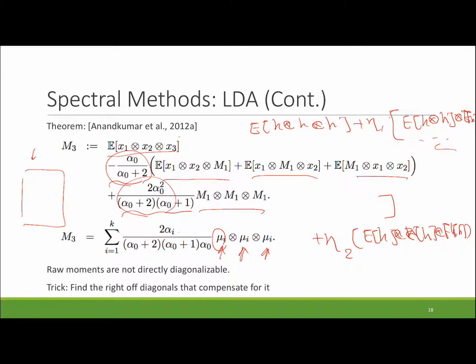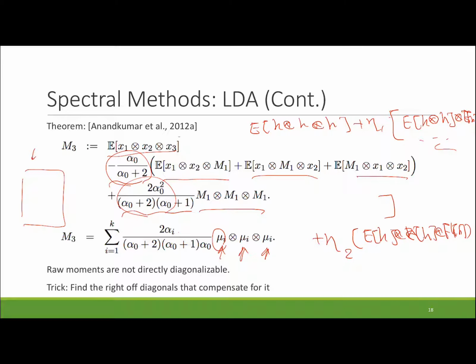So basically I have to do that empirically. When I apply the power method, every time it gives me one mu i. But this mu i might be positive or negative, so I just cut the negative values and make it sum to 1.